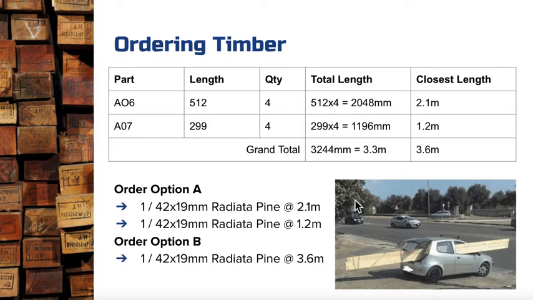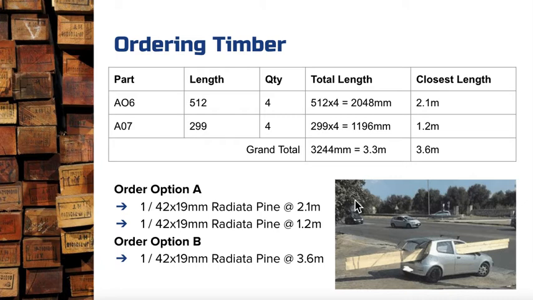I've added a new column in my table there when I've done my calculations to put the closest length. This is standard lengths. Now, timber comes in all sorts of lengths, and you can get it cut to size, but there are some fairly standard lengths that they work with in Australia. The smallest length that they usually sell at the shops is 900 millimeters or 0.9 meters.